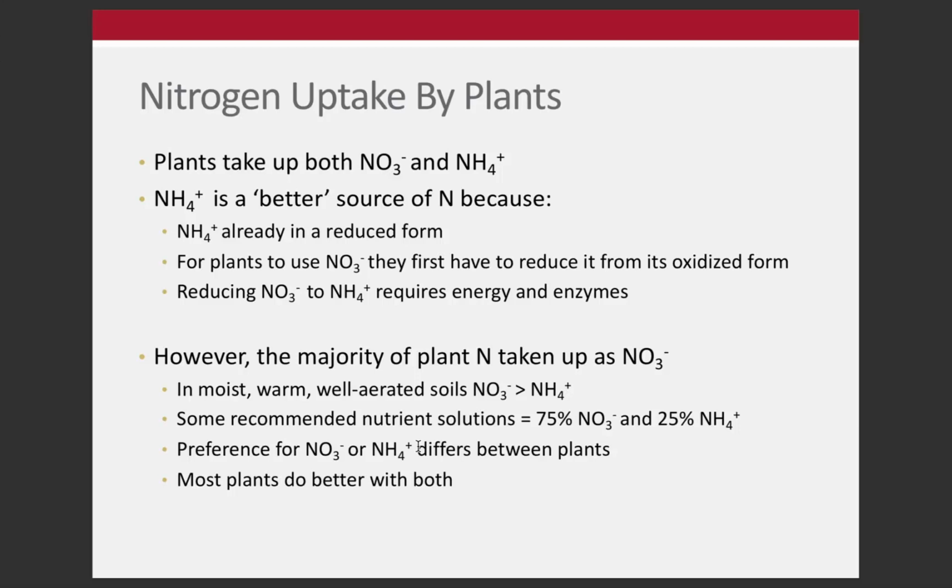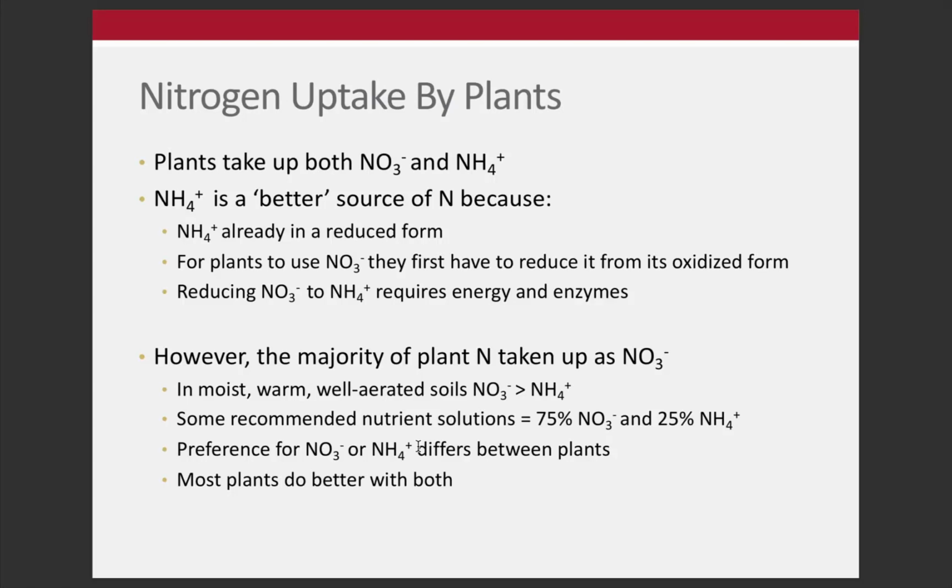There's almost always higher levels of nitrate, sometimes by an order of magnitude: 10 parts per million versus 1 part per million, or 20 parts per million versus a half part per million of nitrate to ammonium, respectively. Nutrient solutions in a greenhouse environment often will call for something like 75% nitrate, 25% ammonium as the nitrogen source, as a rule of thumb, but that's certainly not always the case. It just depends.